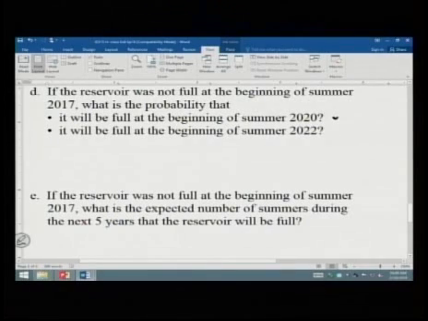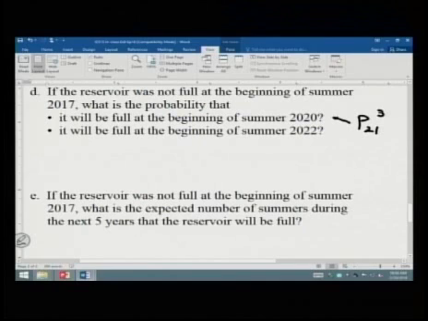Which information are you going to use? P21, and the matrix to the power of cube, right?